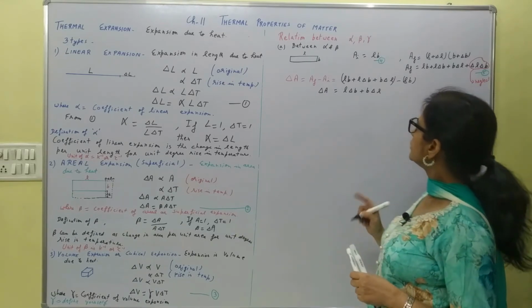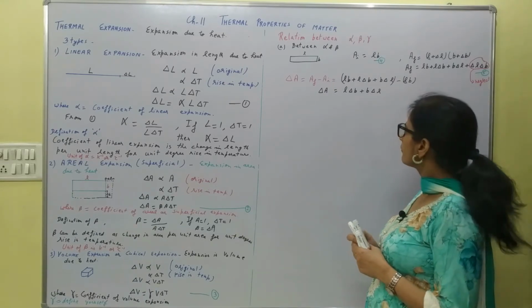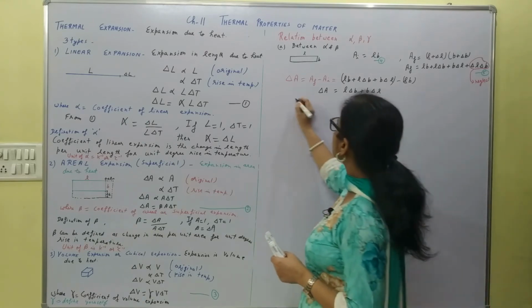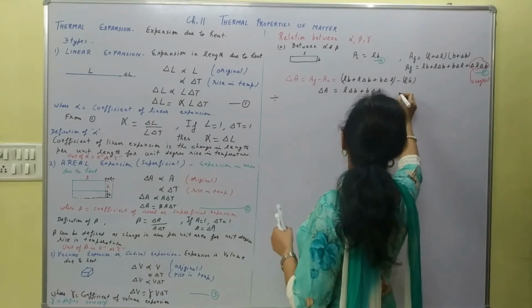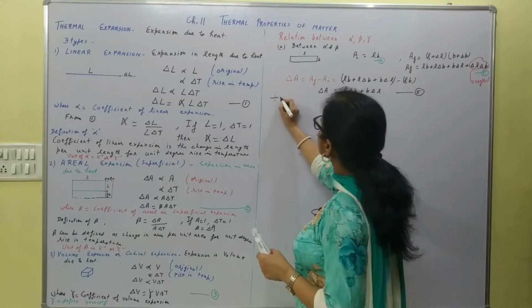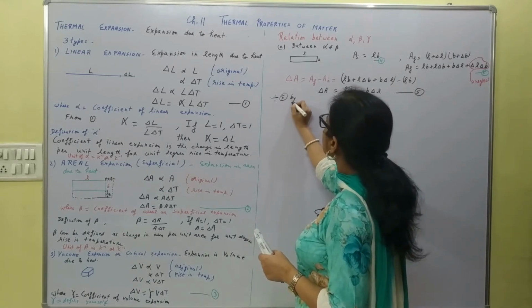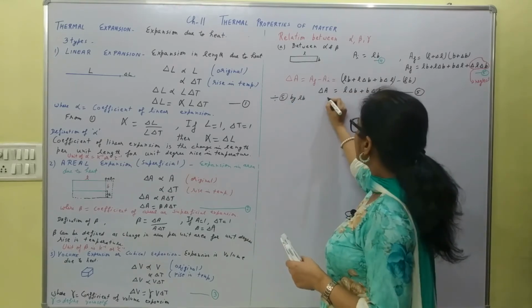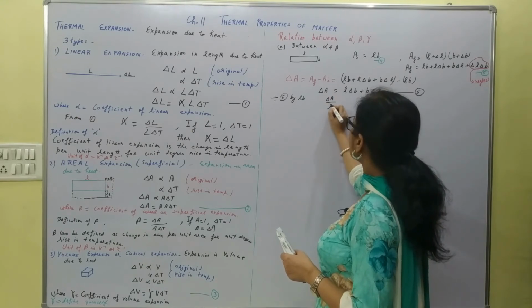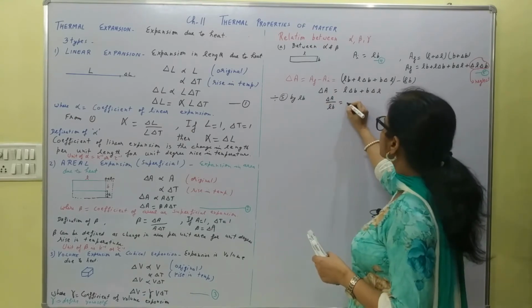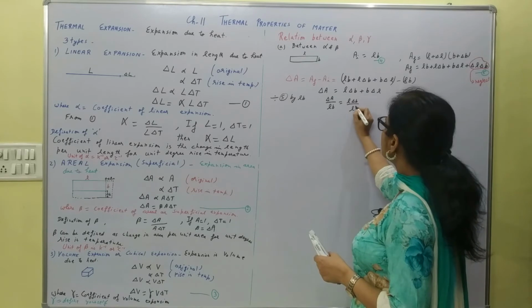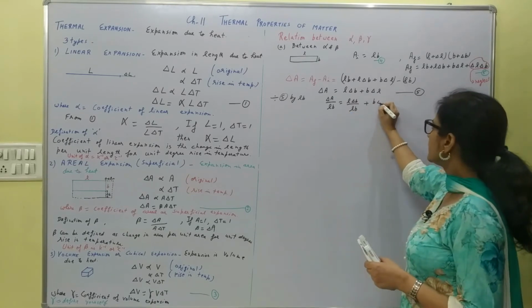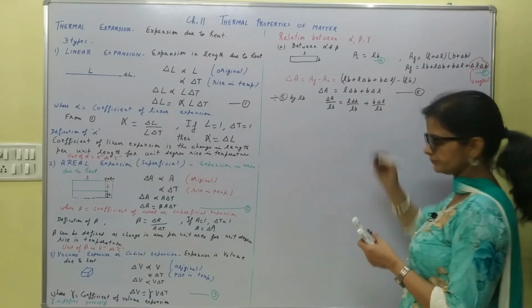If we divide this fifth equation by LB, what will I get? Delta A upon LB is equal to L delta B upon LB plus B delta L upon LB.